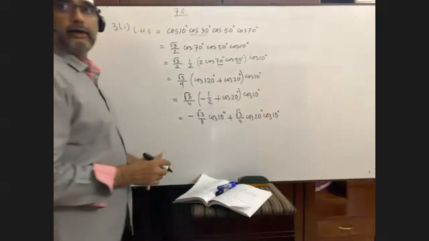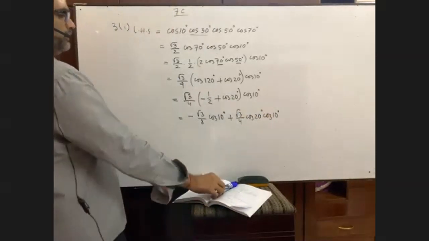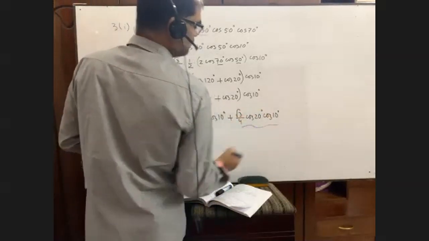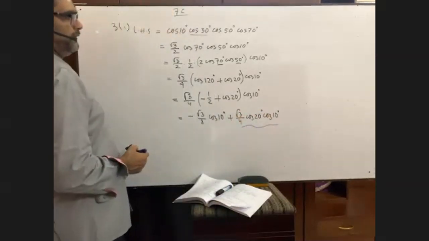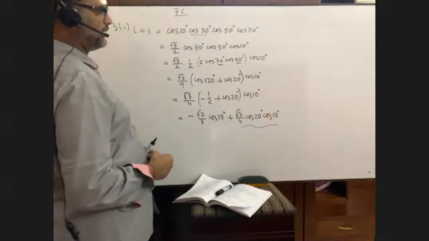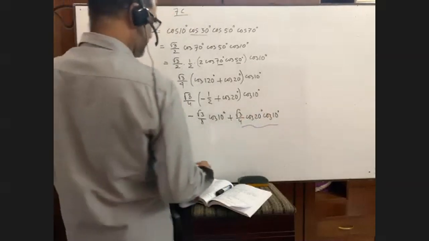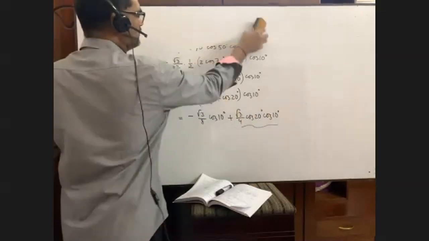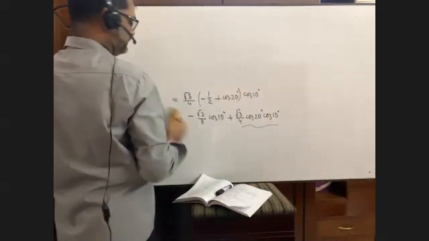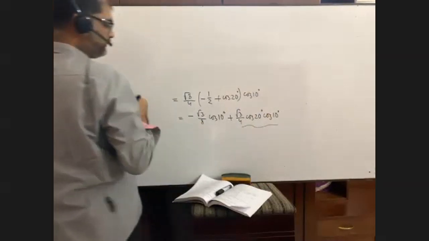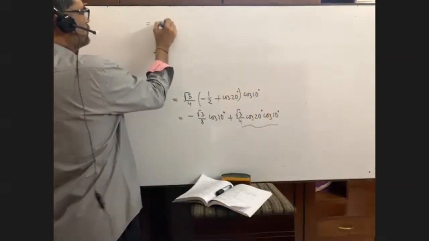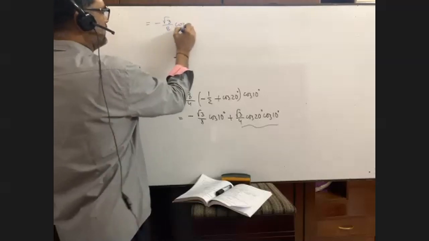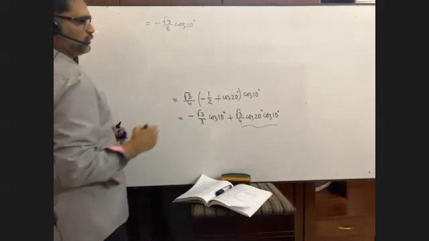You see, again we have this type of pattern to put it into the formula. We have another pattern to do this math. So we are going to the next. You see, minus root 3 by 8 cos 10 degree. Now this is root 3 by 4.